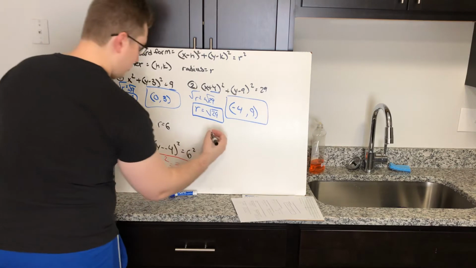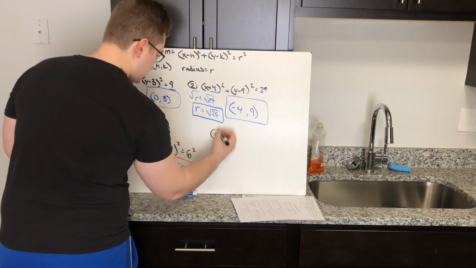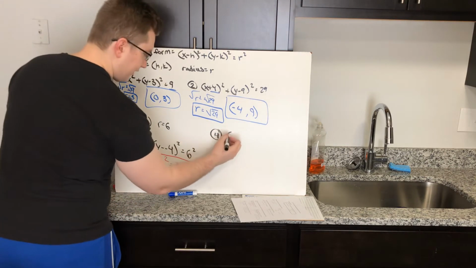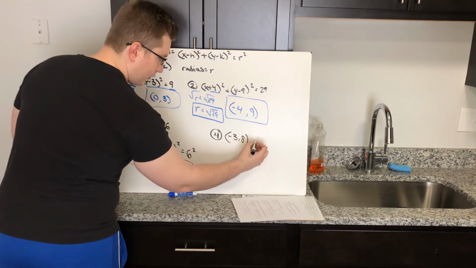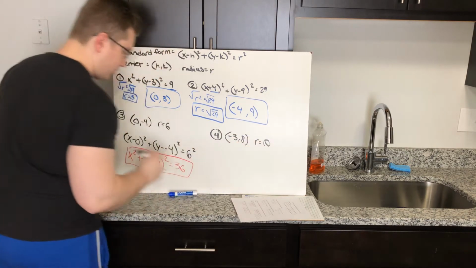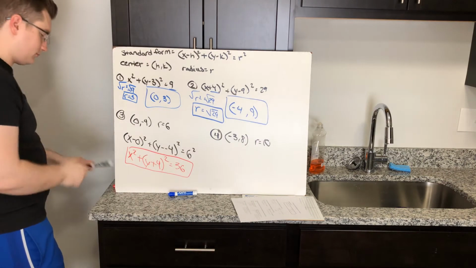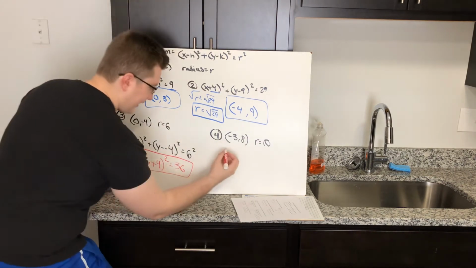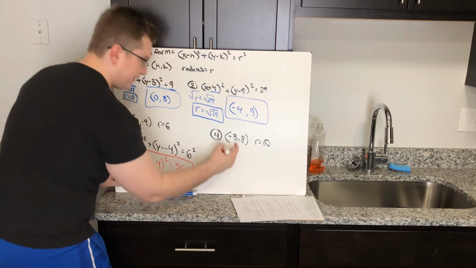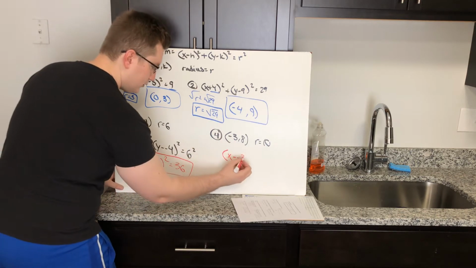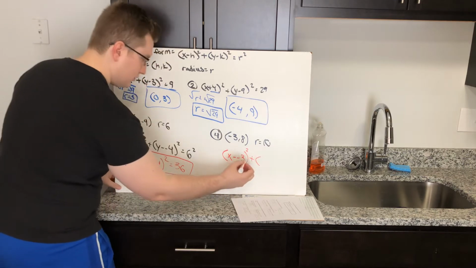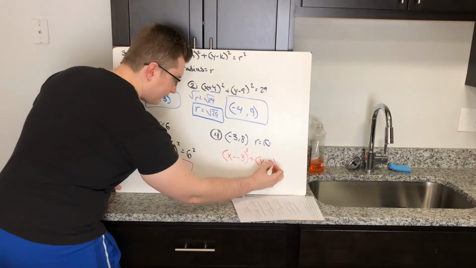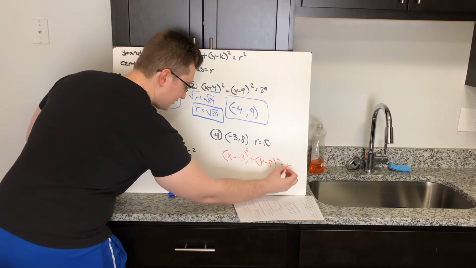Number 4. I have center (negative 3, 8) and I have a radius of 10. So I have x minus, first value negative 3, plus, squared of course, plus (y minus 8) squared is equal to 10 squared.